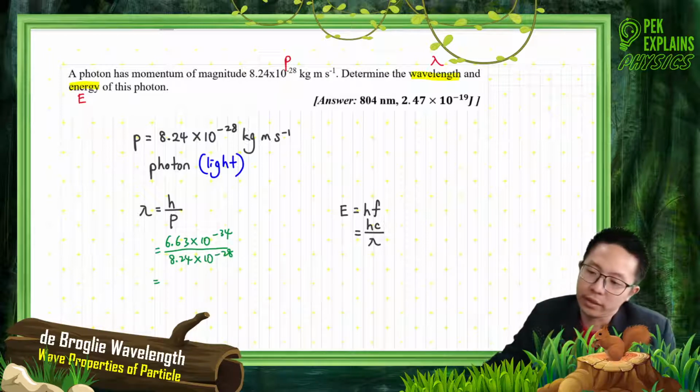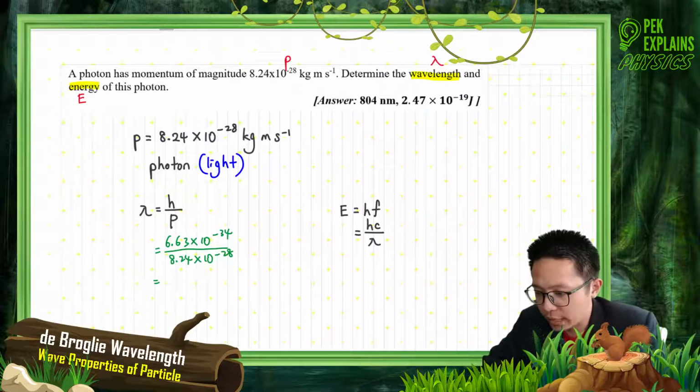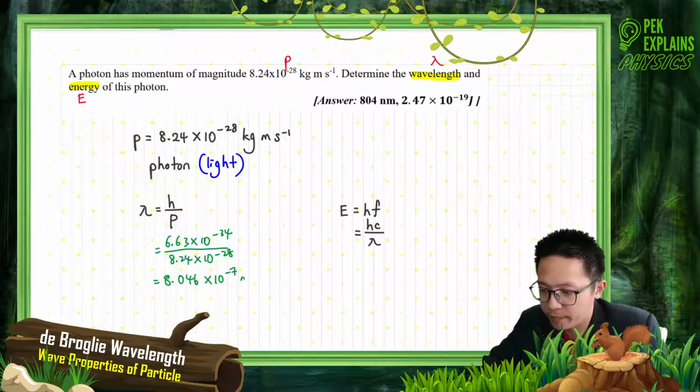Okay, let's calculate. So the answer is 8.046 × 10^-7 meter. Is it correct?